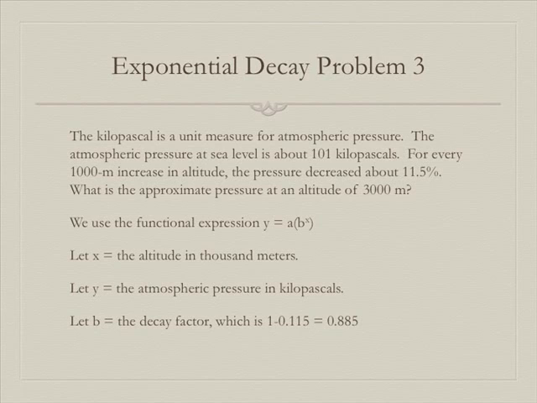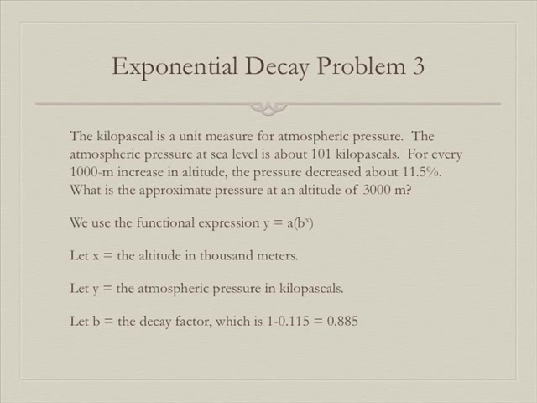The kilopascal is a unit of measure for atmospheric pressure. The atmospheric pressure at sea level is about 101 kilopascals. For every 1,000 meters increase in altitude, the pressure decreases about 11.5%. What is the approximate pressure at an altitude of 3,000 meters?